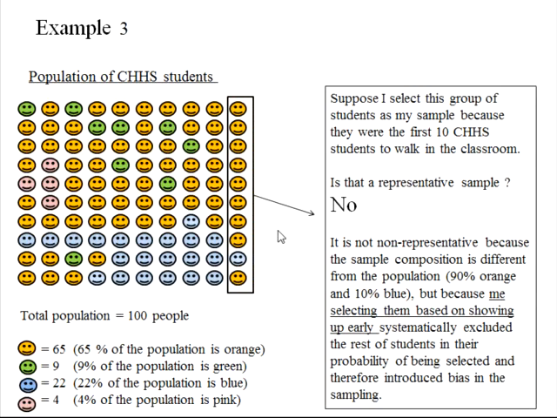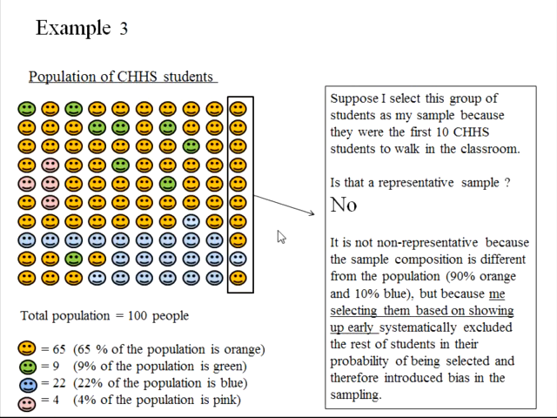So on a third example, let's say I select the first 10 students that walk through the office door. Is that a representative sample? The answer is no. It is not representative. Why?